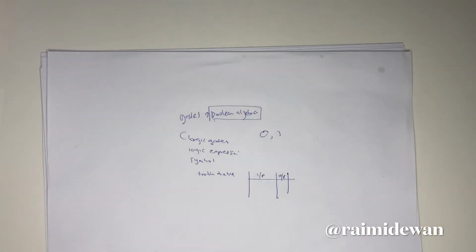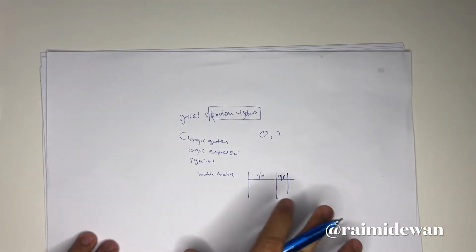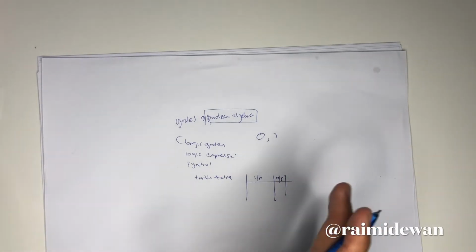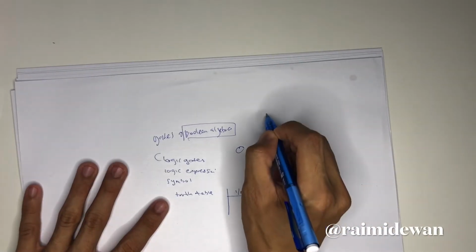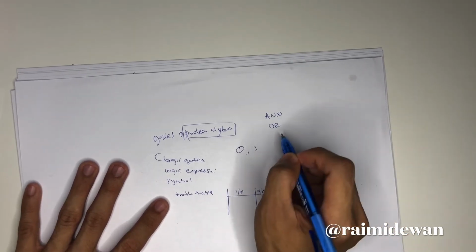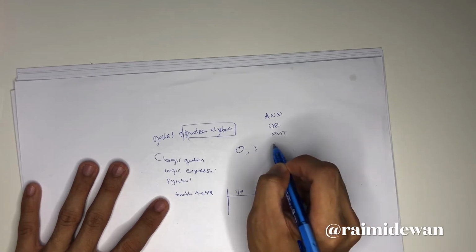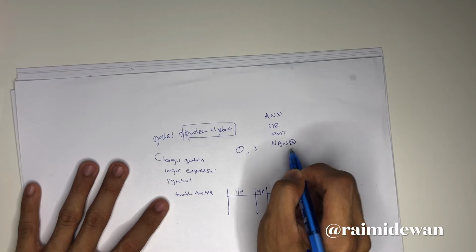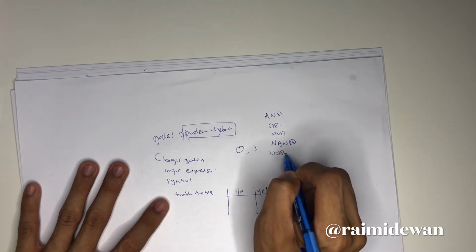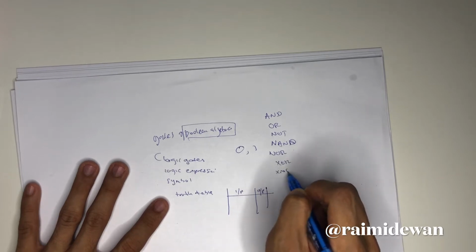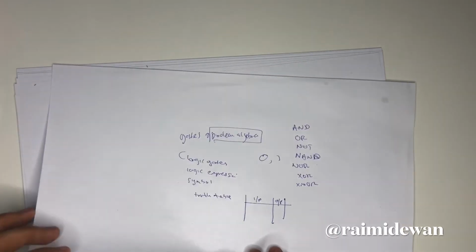There are various logic gates, such as AND gate, OR gate, NOT gate, NAND gate, NOR gate, XOR gate, and XNOR gate. We will learn them one by one.